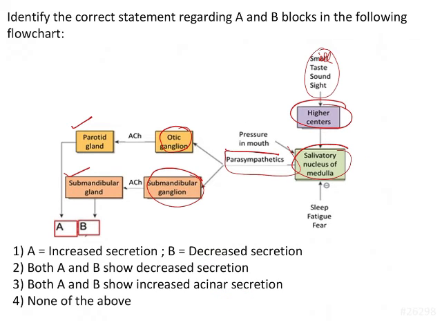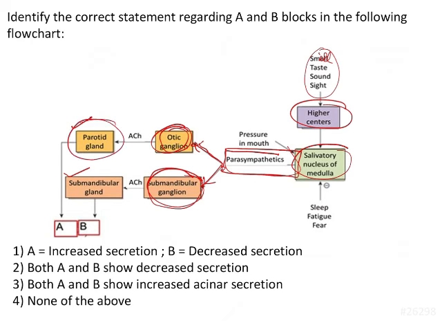If we come to this question, we see the parasympathetic nerve supply goes to the otic ganglion and to the submandibular ganglion. The otic ganglion is reached through cranial nerve 9, and the submandibular ganglion through cranial nerve 7.